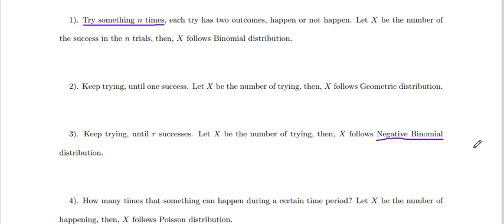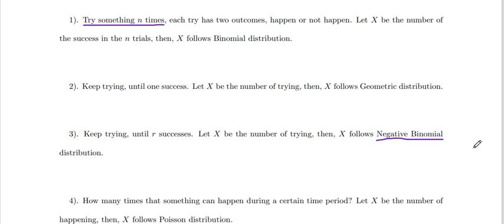So let's consider a little bit more general case. Suppose you can stop when you hit the target twice, or three times. You can stop shooting after r successes, say hitting the target 3 times.